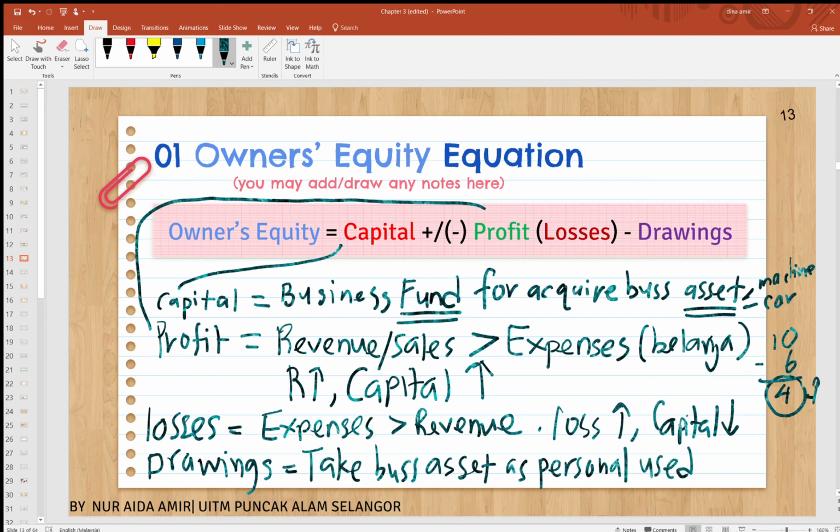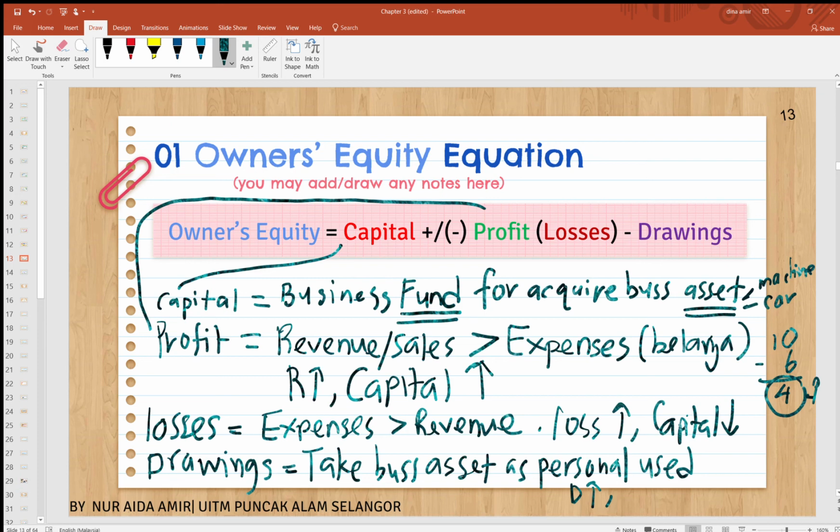Di mana kalau you do drawings you high, bila you ambil business asset, contoh macam duit business. Okay, I nak bagi contoh yang paling senang. You ambil duit dalam laci business you untuk you beli, contoh, gadgets, iPhone. iPhone untuk diri you, bukan untuk business tau, untuk diri you.